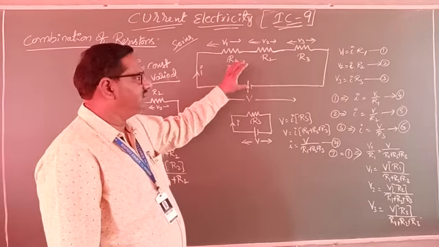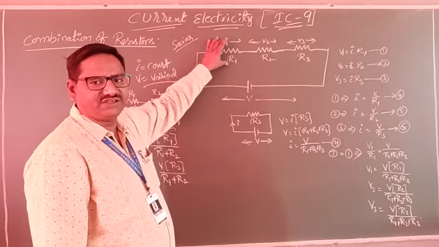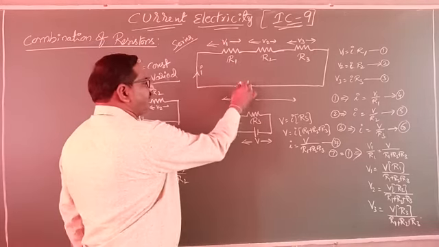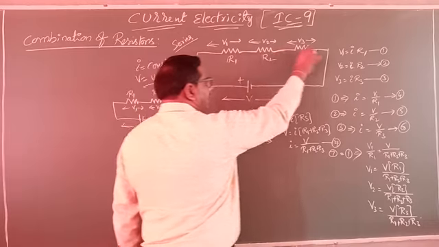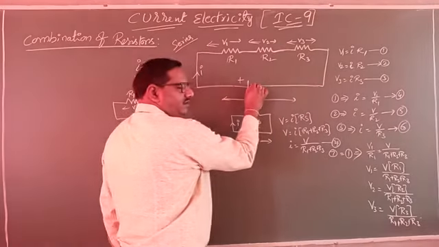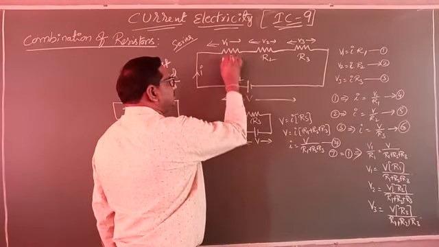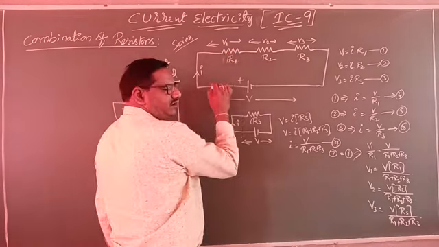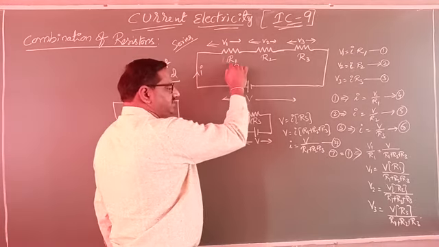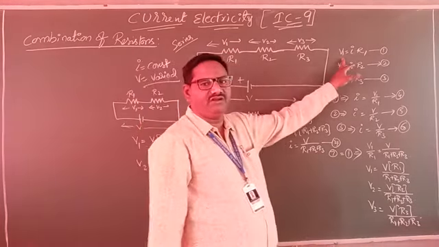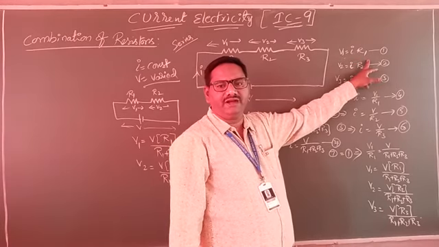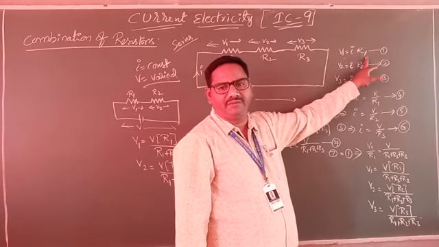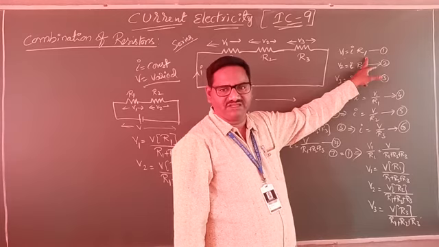Please see that. Now the potential across the first resistor. Current flows from the positive terminal to the negative terminal of the battery. The current across the first resistor is I. Then the potential across the first resistor, equation 1: V1 equals I into R1, because I remains the same in each and every resistance.